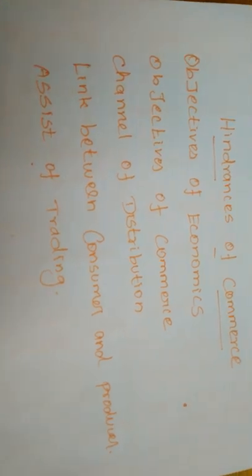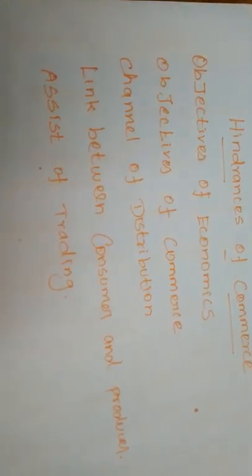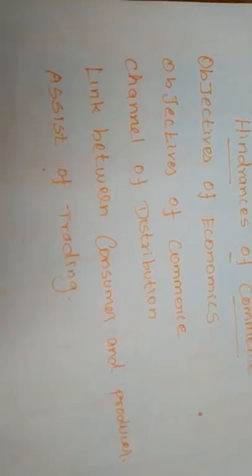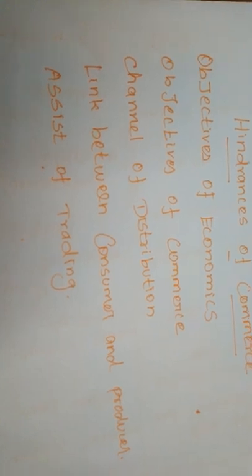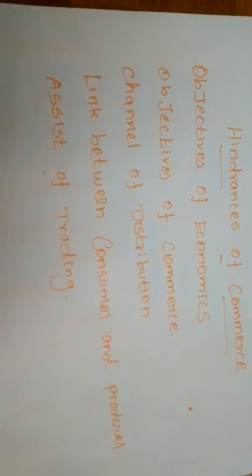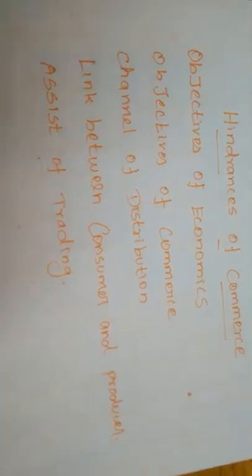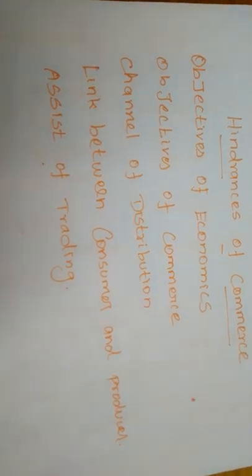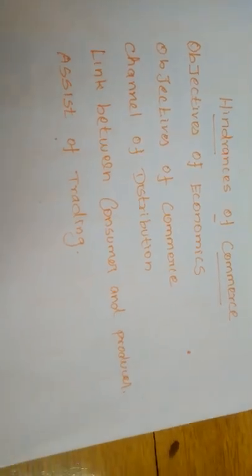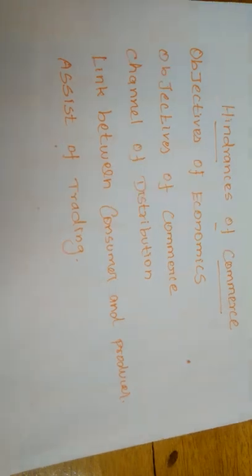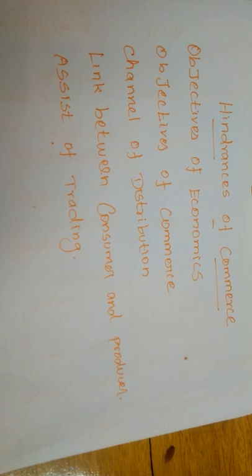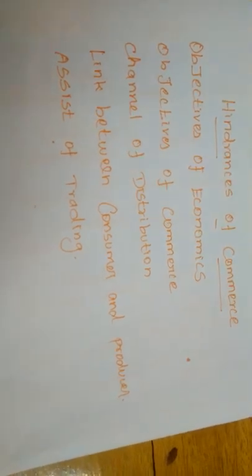What are the factors that assist trading or commerce? The first one is transport, after that the channels of distribution. Transport means we adopt some types of transport to carry the product from the place of industry to the hands of the consumer. Distribution means different types of channels, the wholesaler, the retailer, and different commercial traders who distribute the commodity to the consumers.